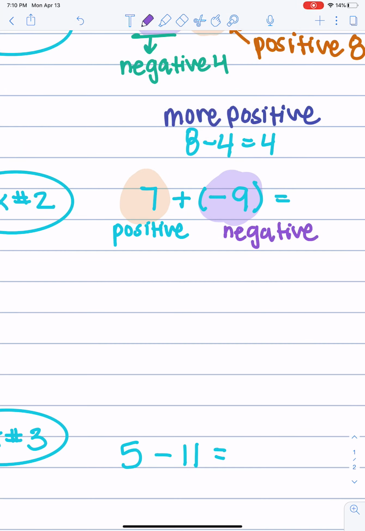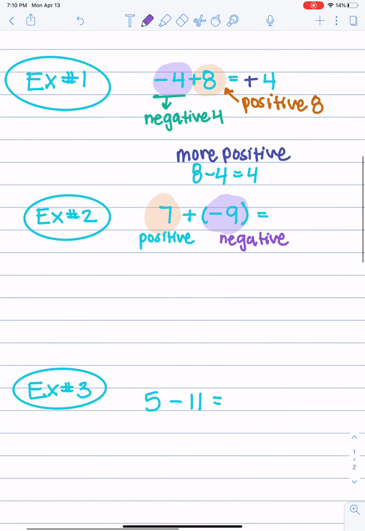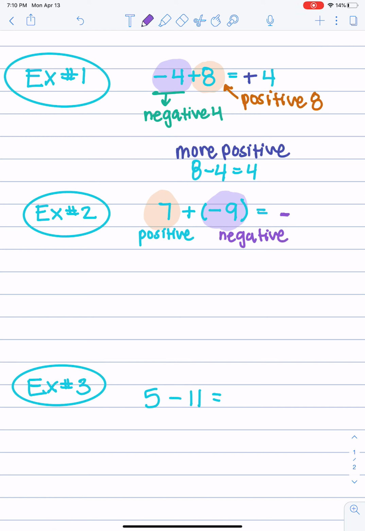What do I have more of, positives or negatives? Negatives, because I have negative 9 and 7 positive. So 9 beats 7. Now we have our symbol. It's negative. 9 minus 7. What's 9 minus 7? 2. So my answer is negative 2.